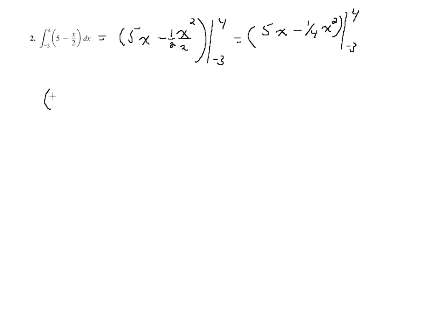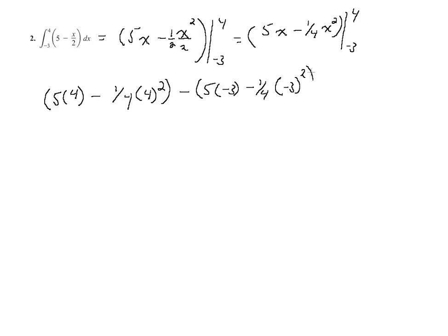So we're going to say 5 times 4 minus 1/4 times 4 squared, minus 5 times -3 minus 1/4 times -3 squared. Notice how I was sure to put parentheses around this, because I am going to have to distribute this -1 when it comes time to evaluate.